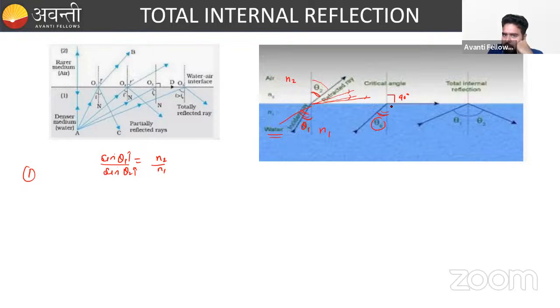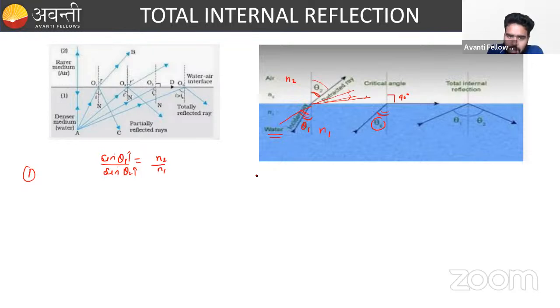The ray is reflected back into the same medium, and we can say that reflection occurs after that. So this is the boundary condition, or the critical condition, where refraction occurs.